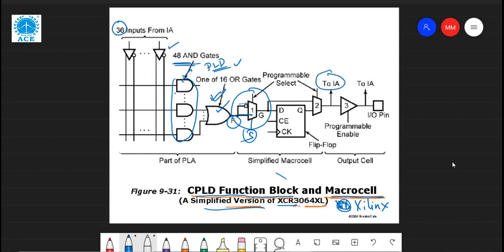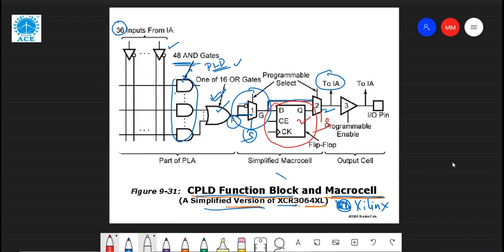Again, this goes directly to another mux here, and we have a flip-flop. As per the requirement of my circuit, if I want memory storage, then I will go through the flip-flop. Otherwise it is a direct bypass to the other mux. This is a selection line, whichever I want I can select.